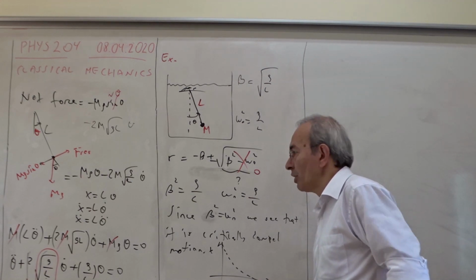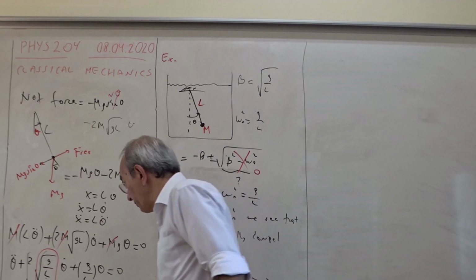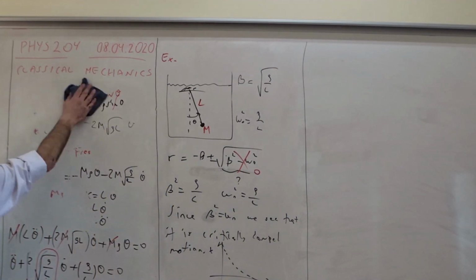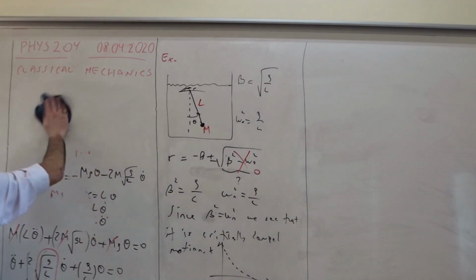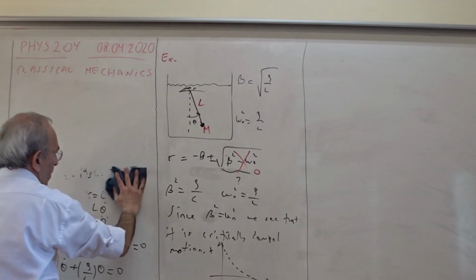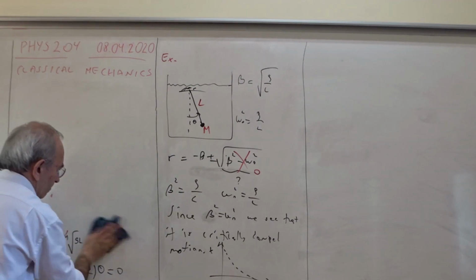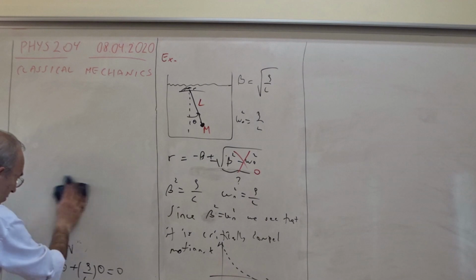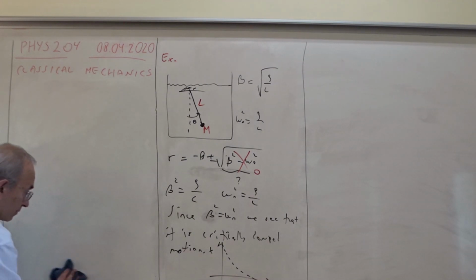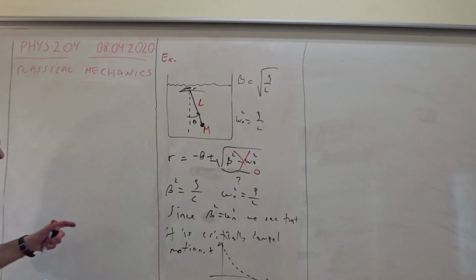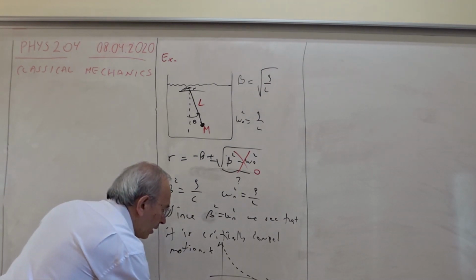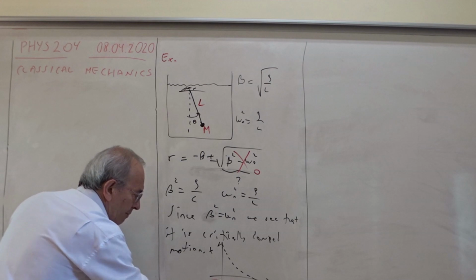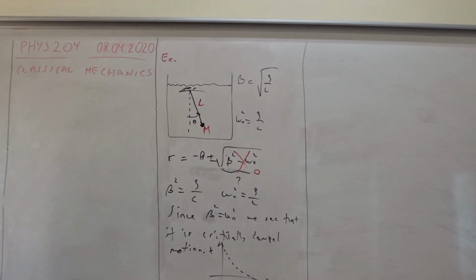You don't have to derive it again, we have already done it. So we understand that this has to be the solution, but we don't know A and B. We know beta, but A and B are unknown. They will be found from the initial conditions.